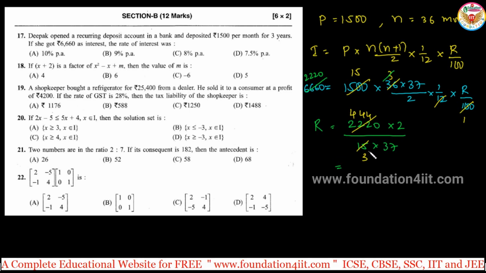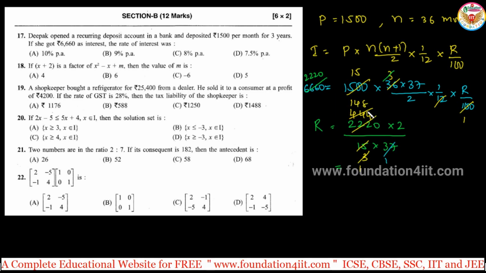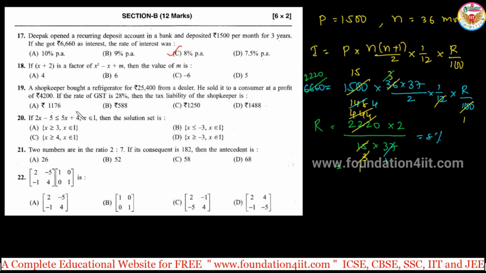Previously we did calculations, no, right? 3 ones are 3, again 1, 4 4s are 12, 8. Again this 37, ones are 37, 4 times. So 4 into 2 is 8. So 8%. Among this, one of the answers is 8.